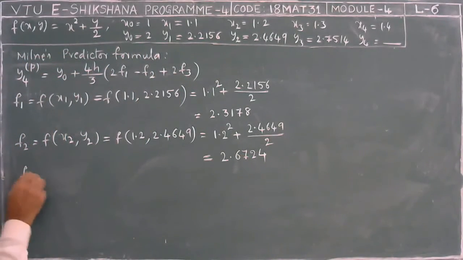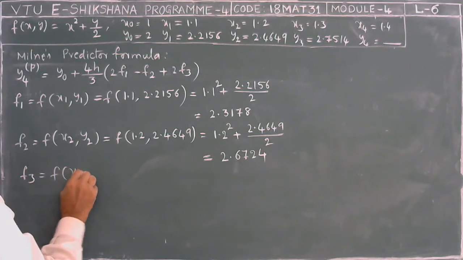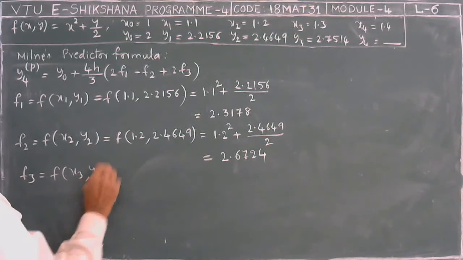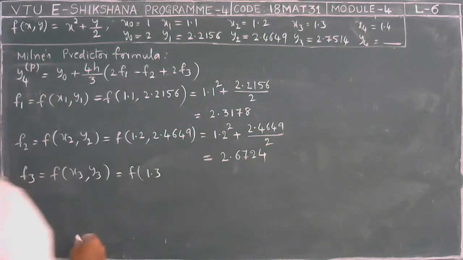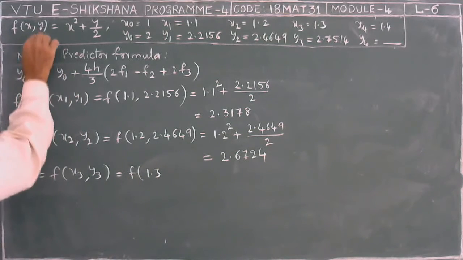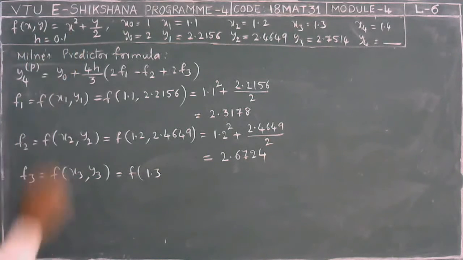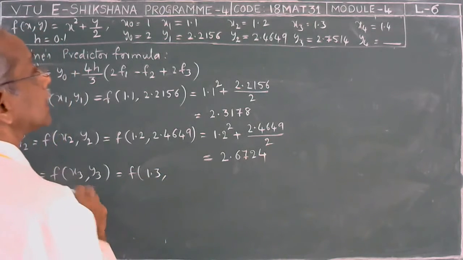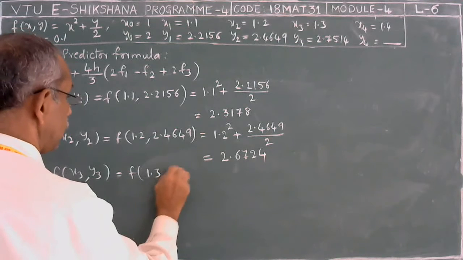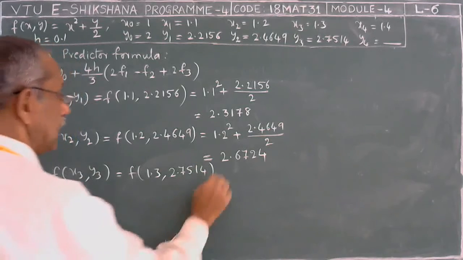That is f3. f3 is f of x3 comma y3, so this is equal to f of 1.3. What is your h here? h is 0.1. So f of 1.3 comma y3, which is 2.7514.